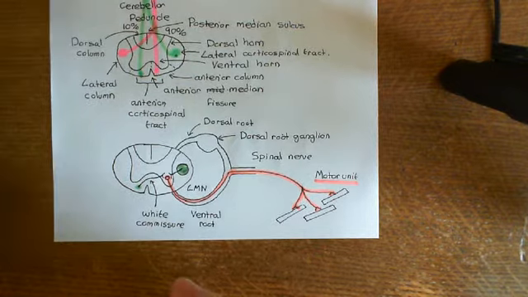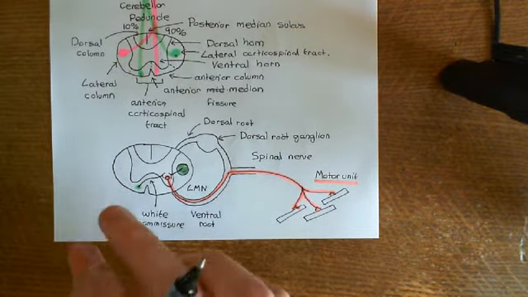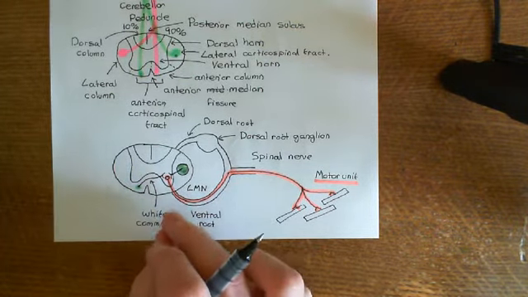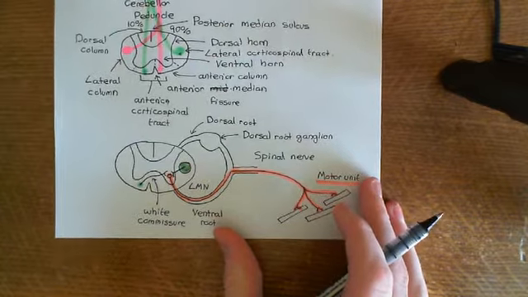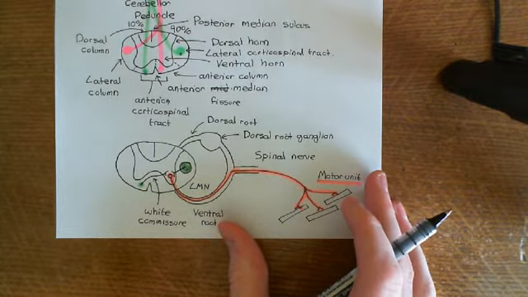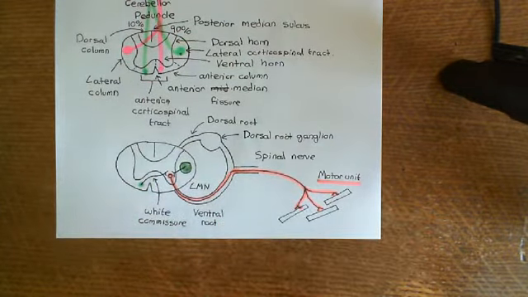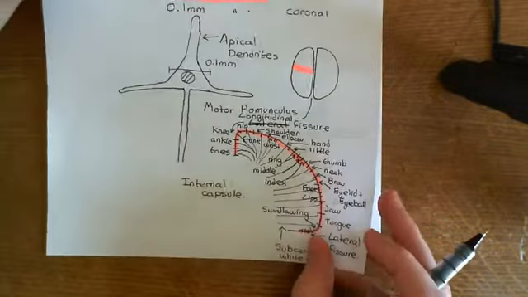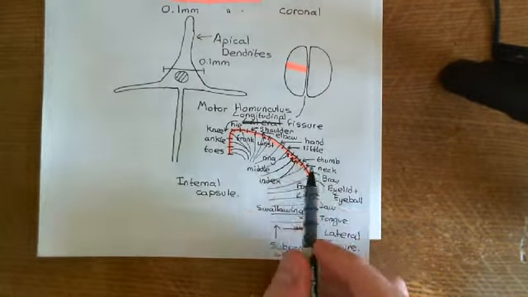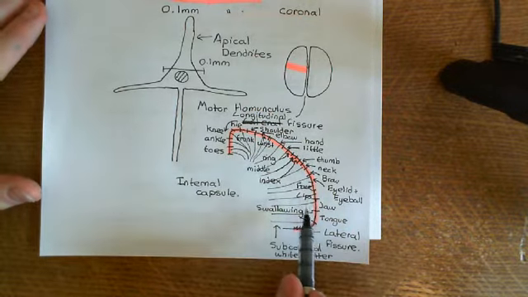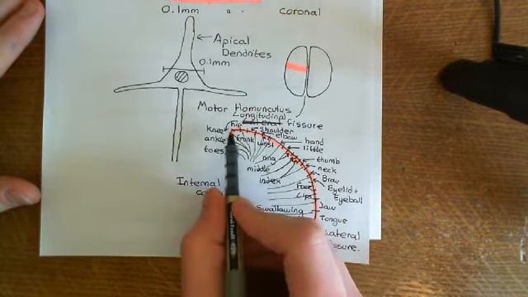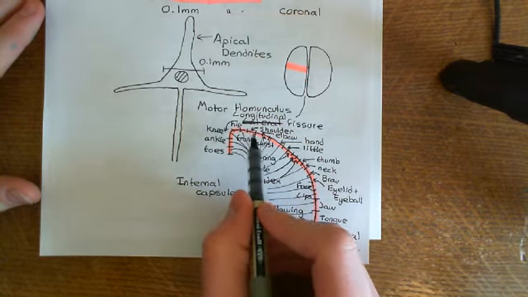That then is how upper motor neurons can innervate lower motor neurons in the ventral horn of the spinal cord. Okay, so to review the entire corticospinal tract now, you start off with your BET cell, or your upper motor neuron, or your giant pyramidal cell, in the primary motor cortex up here.